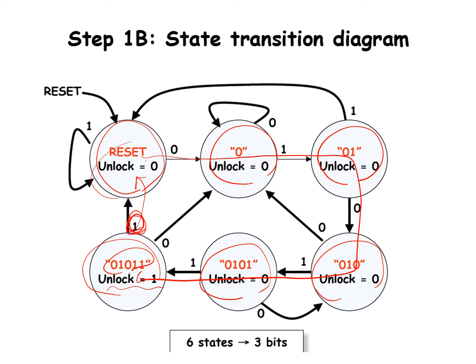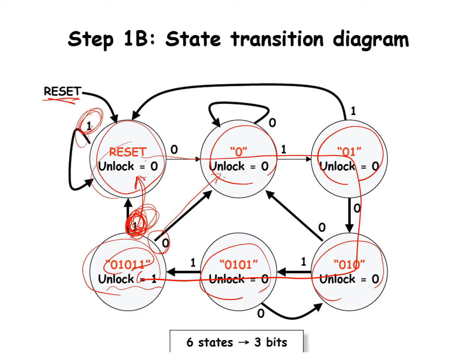In the unlock state, if we receive 1, we go back to the reset state. If we receive 0, we go to unlock. The black arrow indicates the input condition that causes the state transition.